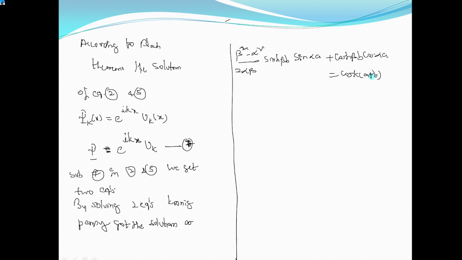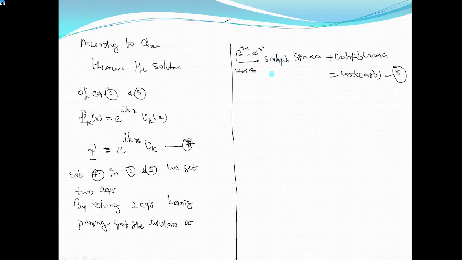So this is the solution he got. This is equation number 8. What is the solution Kronig Penney got? Beta square minus alpha square by 2 alpha beta sinh beta b sin alpha a plus cosh beta b cos alpha a, which is equal to cos k into a plus b.